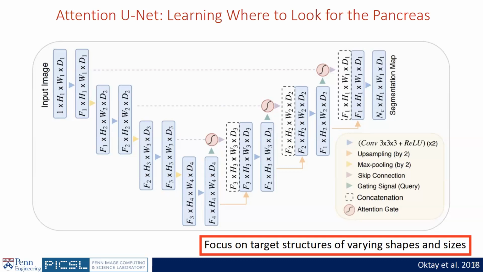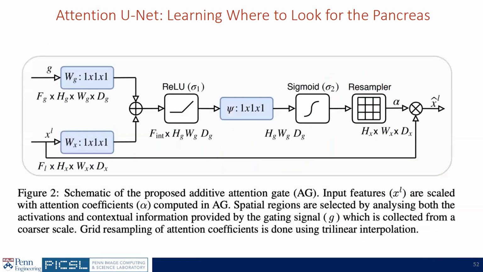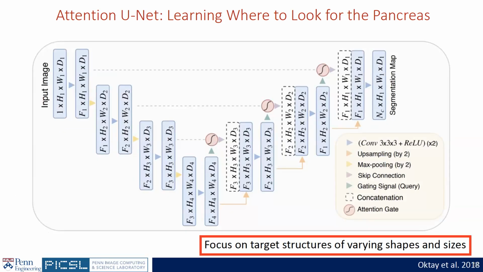So these attention mechanisms, as the name suggests, tell where to attend to in your image, on those target structures of different shapes and sizes, right? There are ways you can come up with these attention modules. We'll try to look at one of the ways.